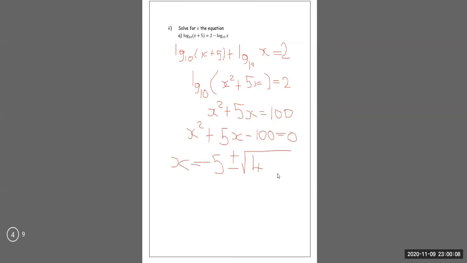It's negative 5 plus or minus the square root of 425 over 2. Now let's use our skills that we learned in surds. We can break down 425 as something times 5. Sir, the calculator says 5 root 17. Absolutely, 5 root 17.